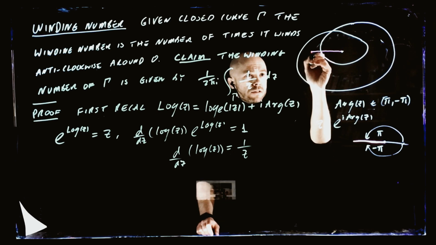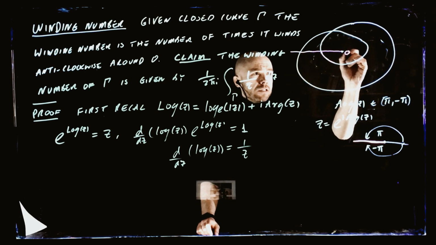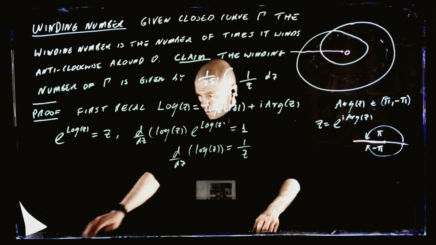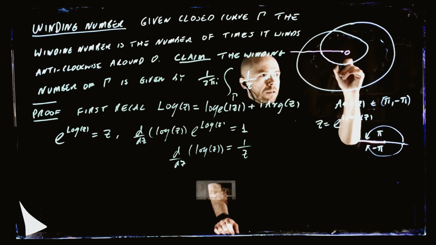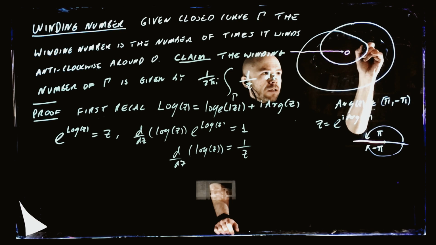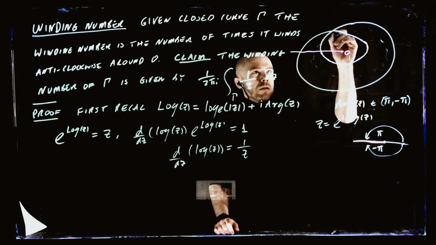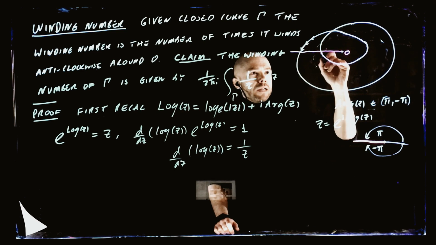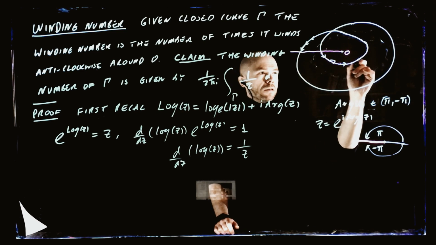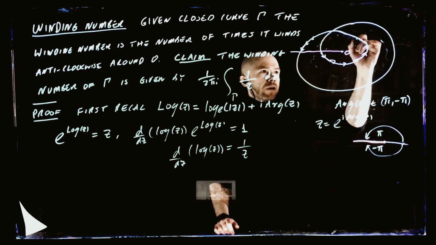Actually, let me change colors. So this is the negative real numbers here. So this here is 0. And let me make this in blue. So we're going around like this, like this, like this. So let this thing be the first part of our path.